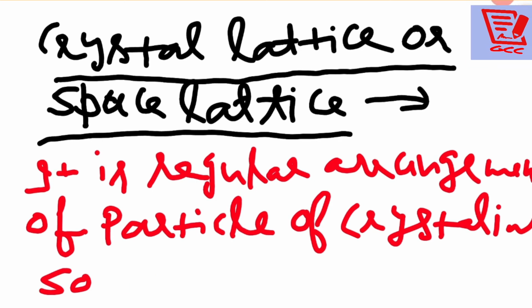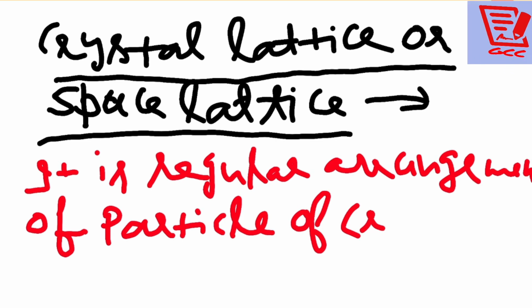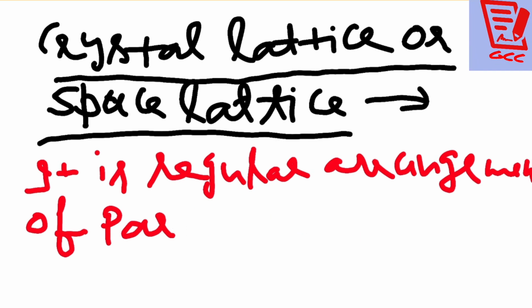Okay, students, then in the same way we can make the structure for the crystal lattice. Please see how to draw the crystal lattice in three dimensions. Please see it very carefully. I am going to draw it.